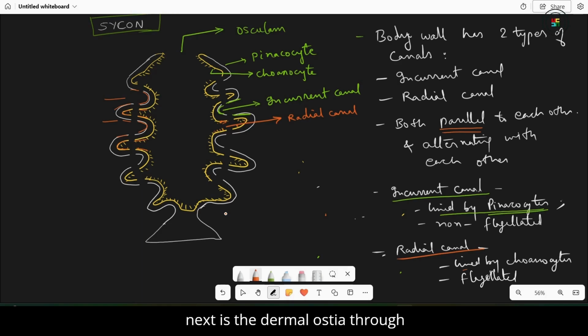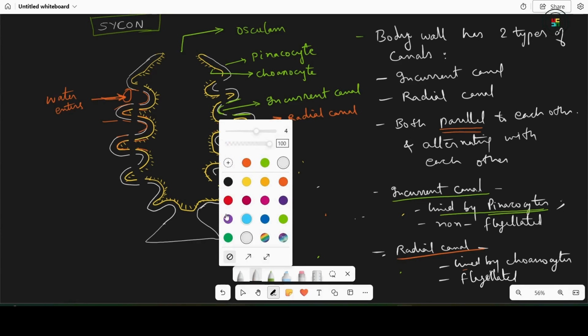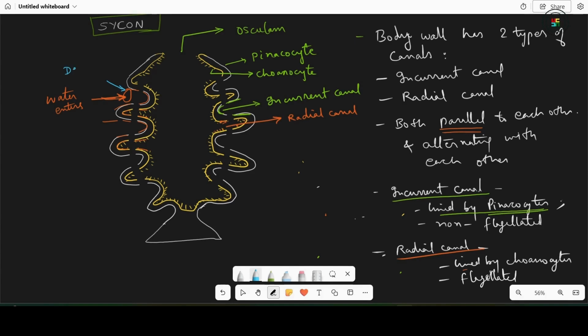Next is the dermal ostia, through which water enters. So this region through which water enters, from here, this is the dermal ostia.